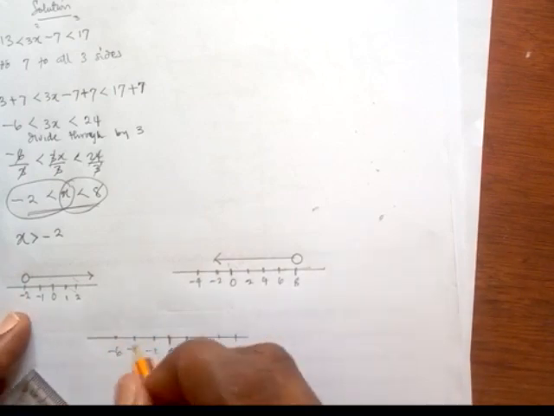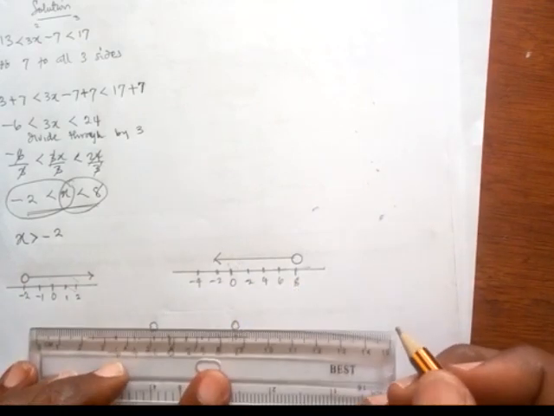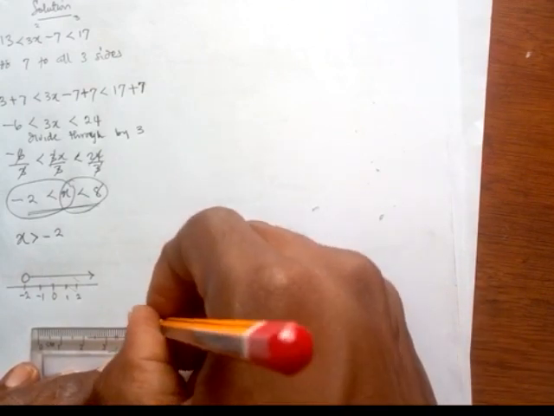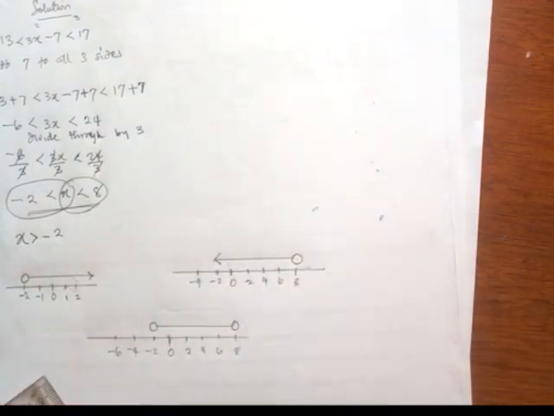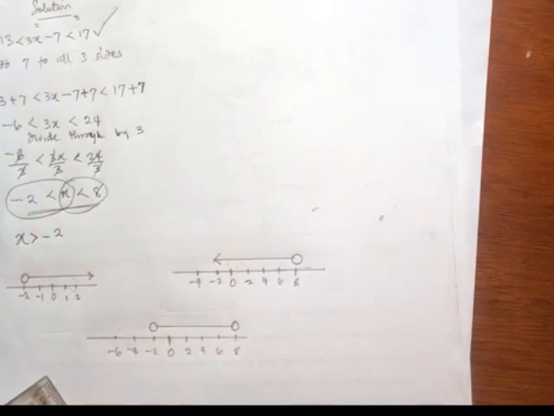So this is minus 2, you come here and draw your circle. This is 8, you draw your circle, and that becomes the solution for this linear inequality.